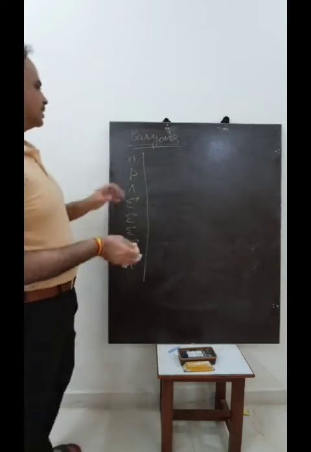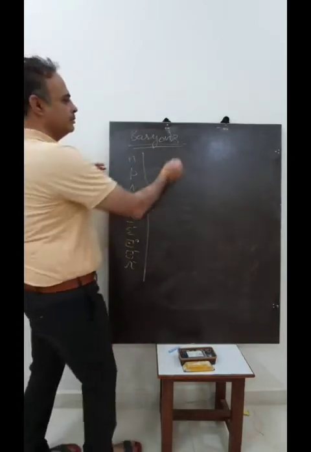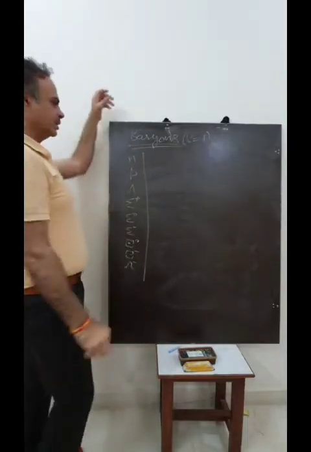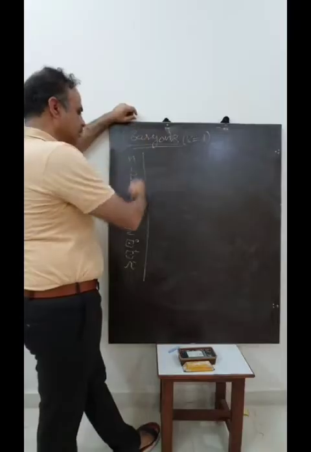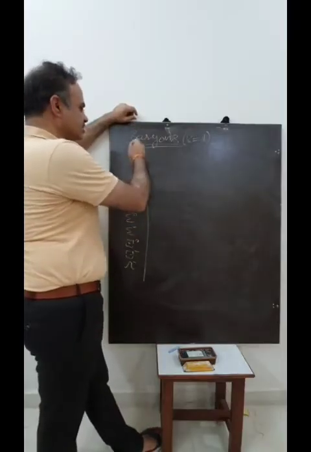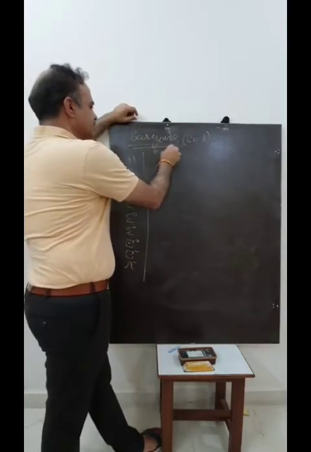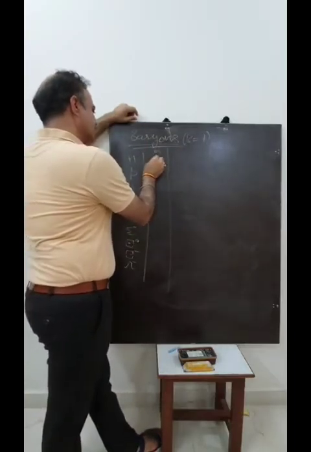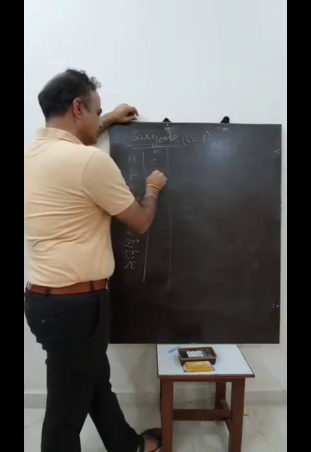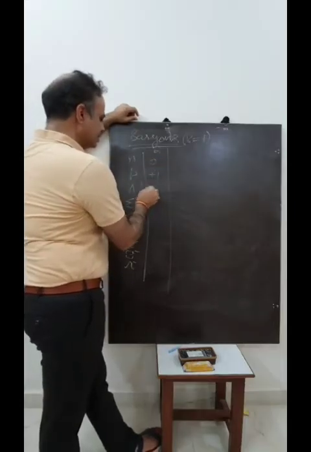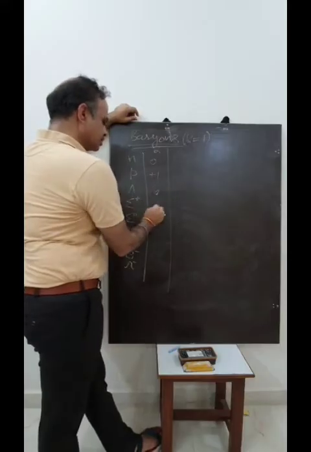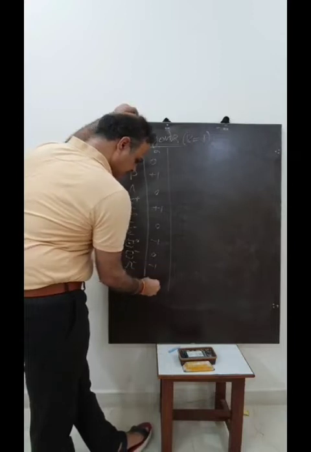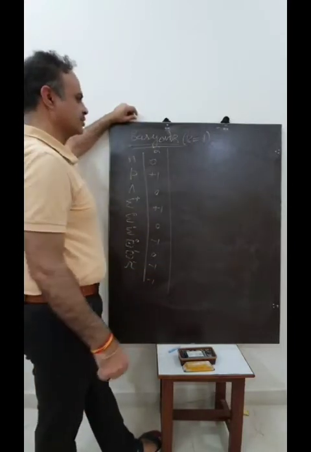So what are their properties? All baryons have baryon number B equal to 1. And what is the charge? Neutron has 0 charge, proton has plus 1, lambda naught 0, then plus 1, 0, minus 1, 0, minus 1, minus 1. This is the charge.